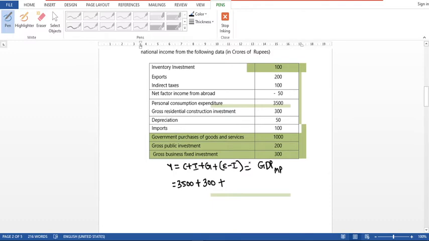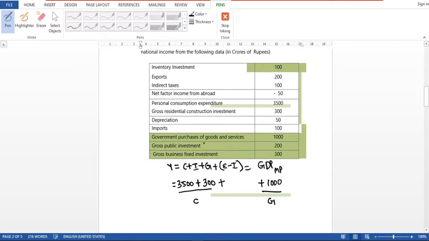Is it alright? Import, we know, will be deducted. Government purchases for goods and services is G. Is it alright? So this portion is C. We will be finding out I. Is it alright? And government purchases is 1000. This is nothing but G. Gross public investment, gross business fixed investment, and here also, this was a residential investment.